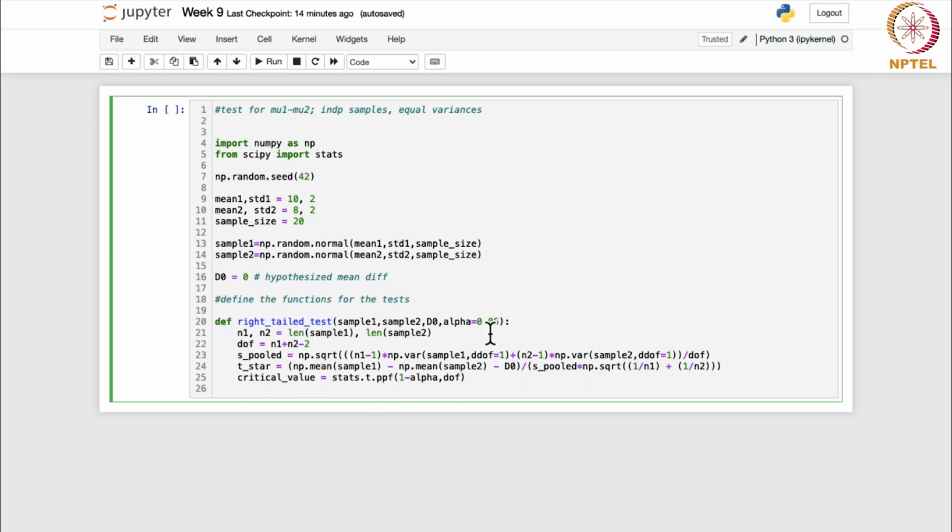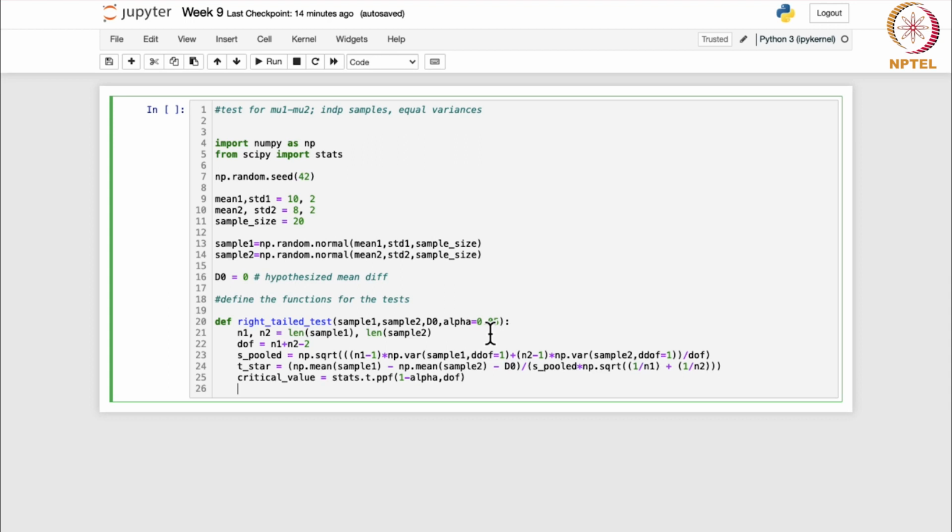So if alpha we have taken as 0.05, then 1 minus alpha would be 0.95, and we are basically looking for a t value in the t distribution such that 95% of the values lie to the left of it, right? As I told you, PPF looks at the data points from the left end.